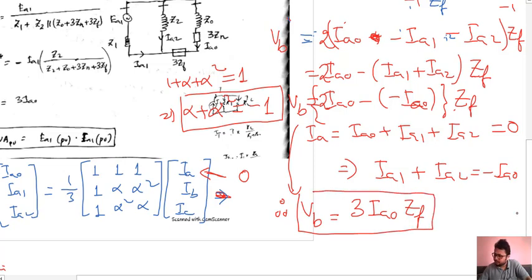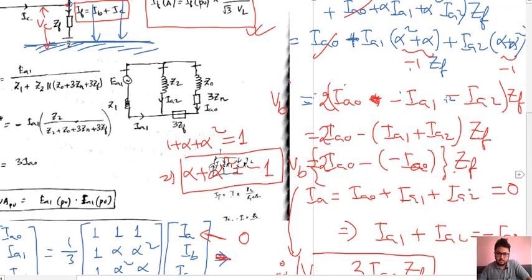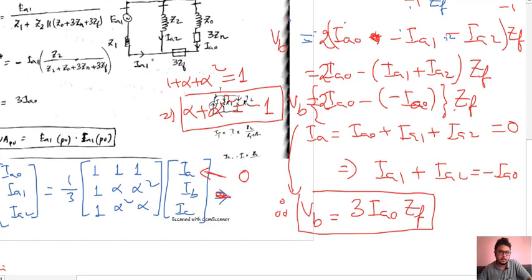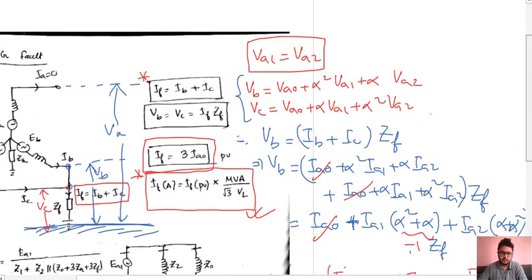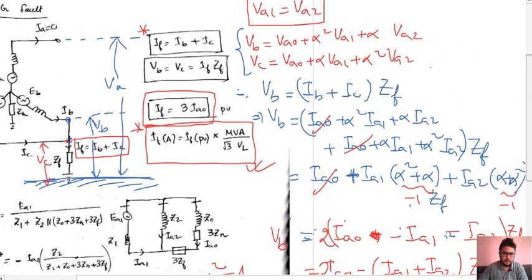From here we can finally calculate the value of Ia naught. Ia naught equal to VB by 3 times ZF, isn't it? So this we will use later on. So this is another equation. In double LG fault the derivation is a bit big, but not that tough.